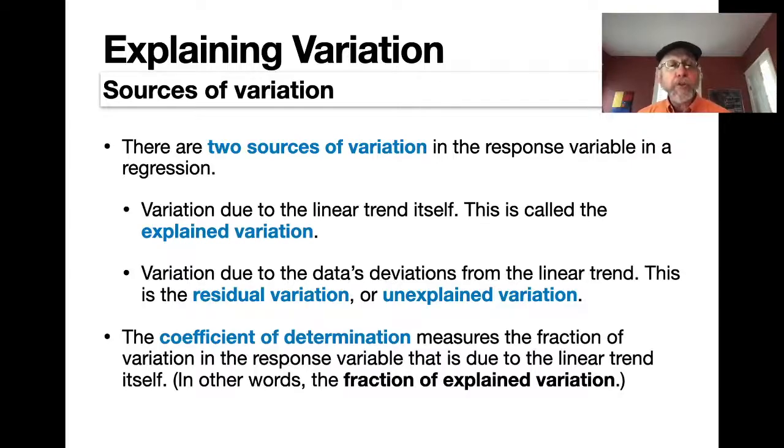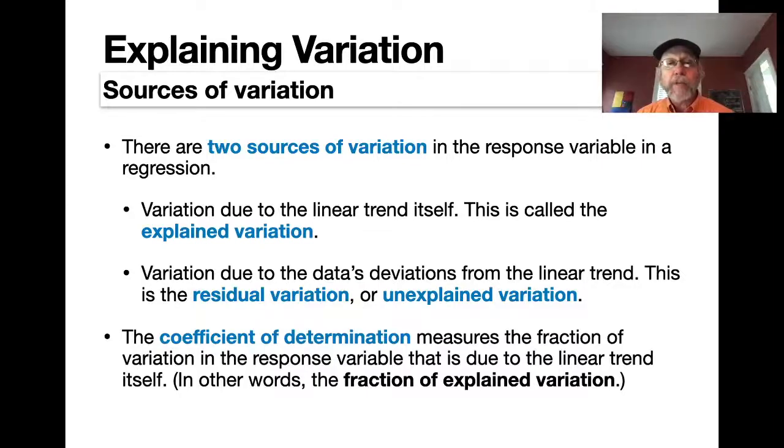And the coefficient of determination measures the fraction of the total variation in the response variable that's due to the linear trend. In other words, the fraction of the explained variation as a part of the total variation.